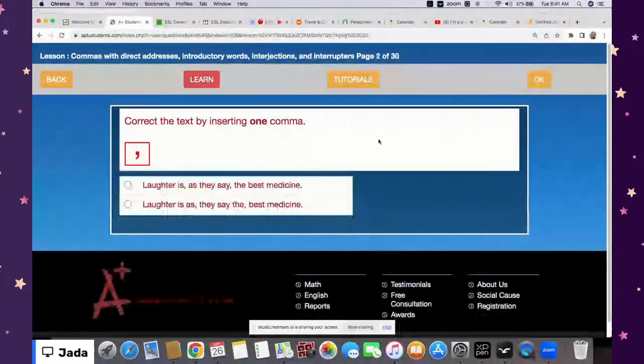All right. Laughter is, as they say, the best medicine. So where are you going to put the comma? Is it the first or the second one? Laughter is, as they say, the best medicine.